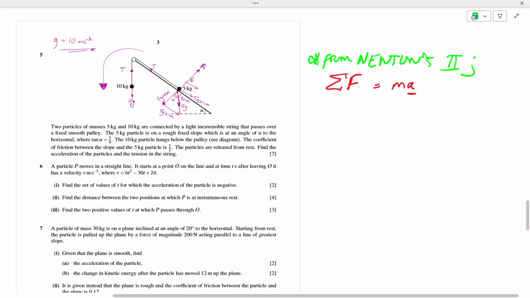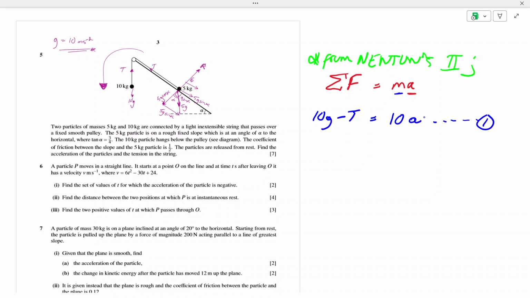In this case, I'm gonna take this 10g here as positive, and I'm gonna take this T as negative since it's opposing the motion. Right. So for the first equation, for that 10 kg mass, it's gonna be 10g minus T is equal to the mass, which is 10 kg, times the acceleration. That's going to be equation 1.